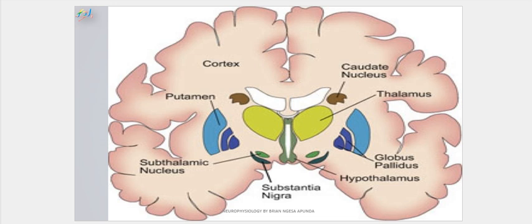So the direct pathway is actually very important. We can just write over here, direct pathway. Remember, these represent the motor cortex sending signals to the basal ganglia, to the thalamus, and eventually the thalamus communicating back to the cortex.